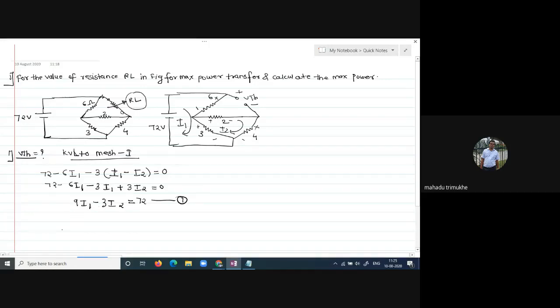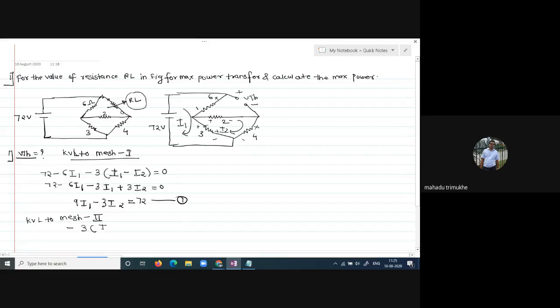Similarly, you apply KVL at mesh 2. Suppose you start from the 3 ohm resistance, the current is from positive to negative here, so you get a minus sign here, minus 3.